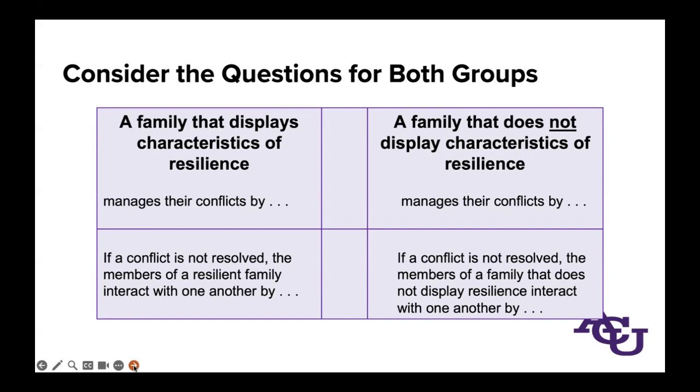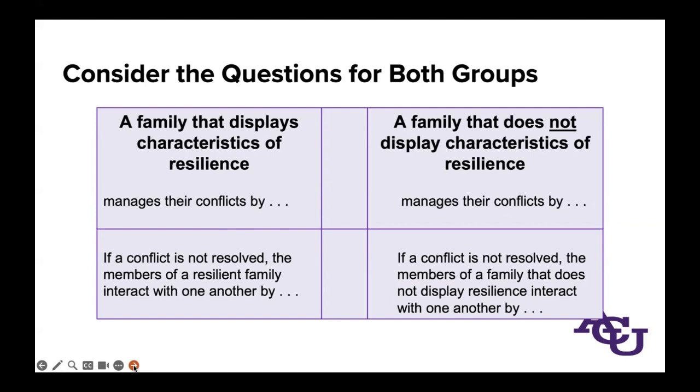So let's think about it this way. In both circumstances, what kinds of behaviors do we see in the resilient family and in the family that doesn't display characteristics of resilience? Next, how do these behaviors tie to the characteristics of resilience or the lack of those characteristics? The family that behaves in a certain way as they manage their conflicts, what they're doing probably aligns with the fact that they're resilient.